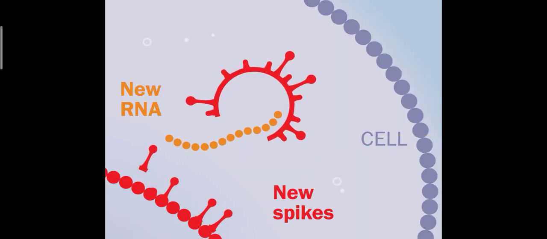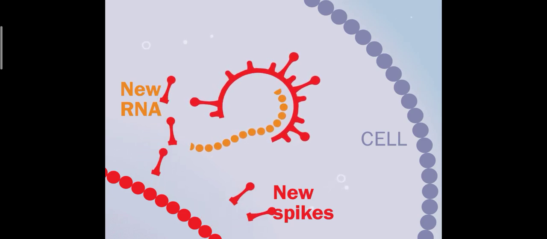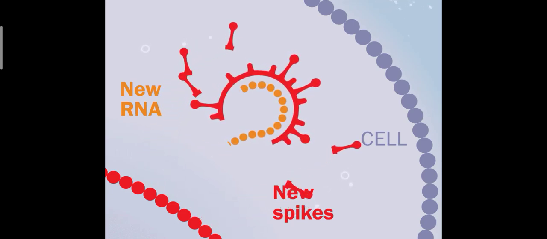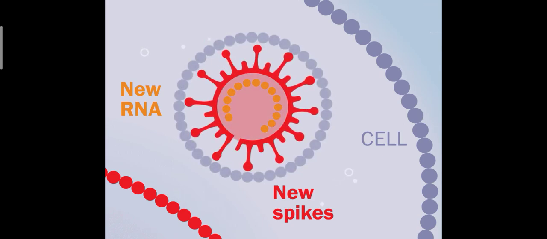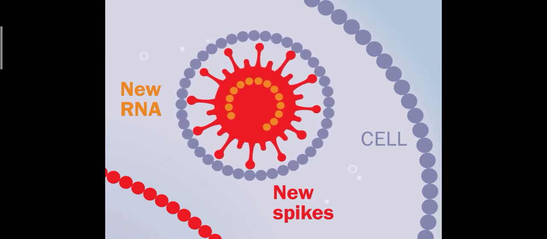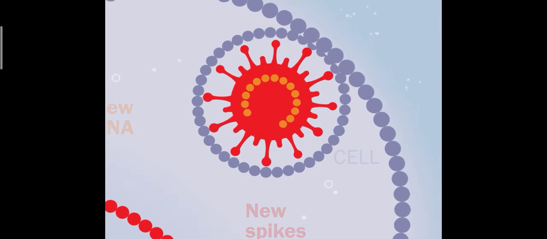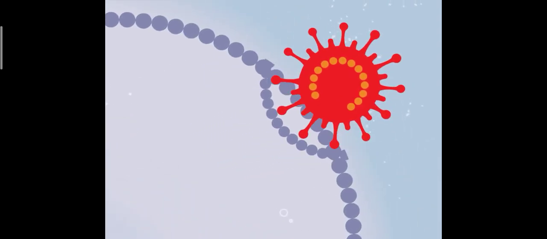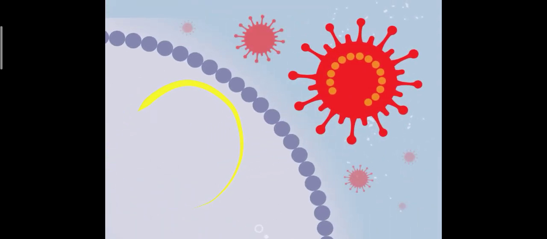See here, they are making viral synthesis. After that, it will move out from this particular cell, either damaging the cell, and lots of viruses will move out from the cell.